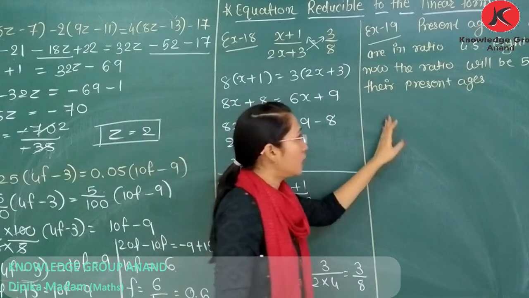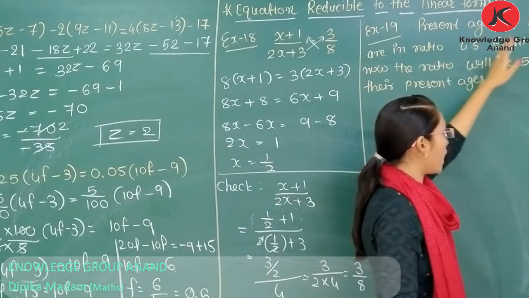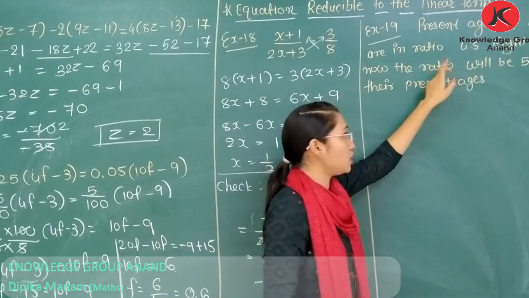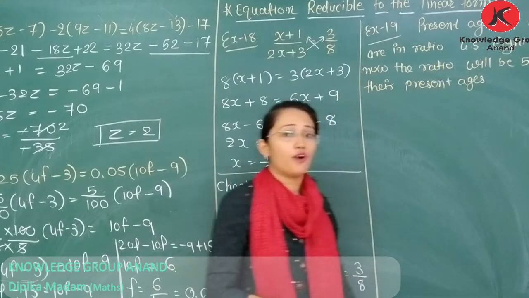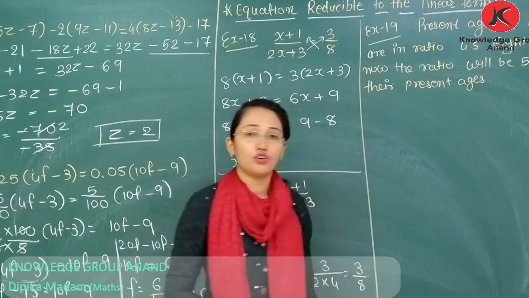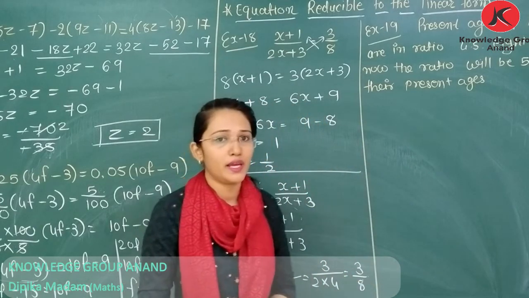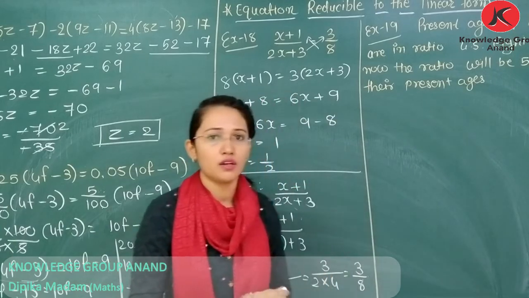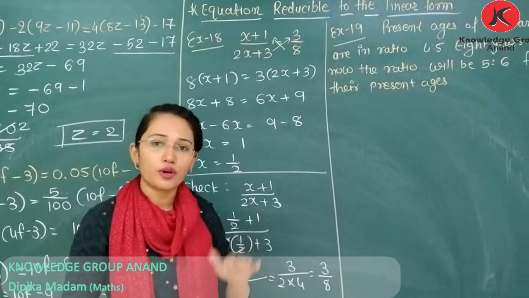Example 9. Present ages of Anu and Raj are in ratio 4:5. What is the statement? Present ages of Anu and Raj are in ratio 4:5. I already explained, whenever a ratio is given, you need to write it as 4x and 5x.